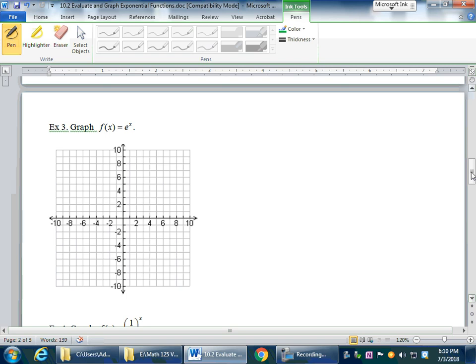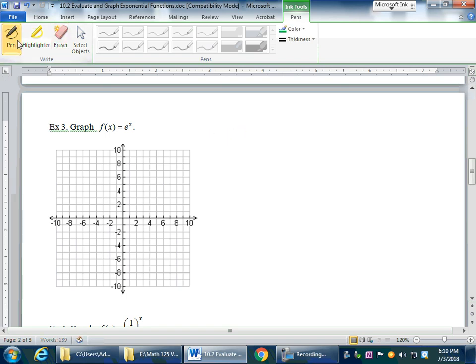Since the base is 2.7, the graph of this must be between the first example and the second example graph, because the first example has base 2, the second example has base 3. This one has base 2.7 something.